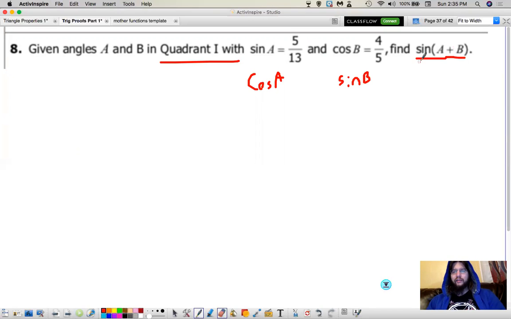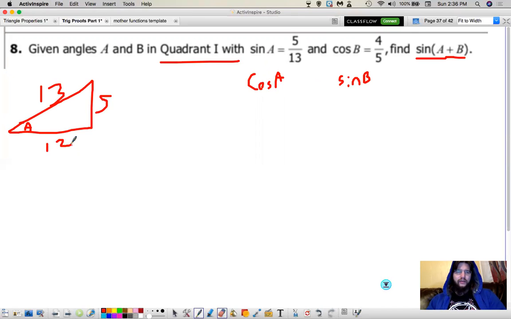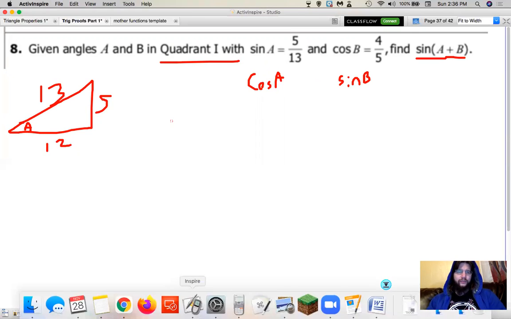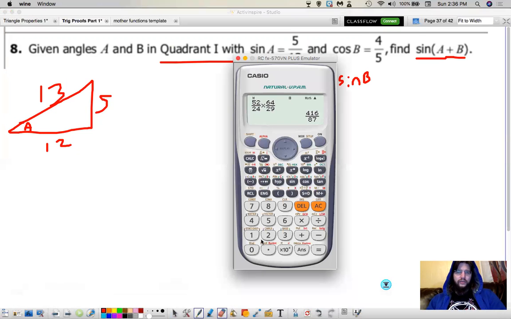So before we can add them up, we need to find out what these two values are. So quadrant 1, triangle looks like this. For A, opposite is 5, hypotenuse is 13, that's a 5, 12, 13 right triangle. Pythagorean theorem if you don't believe me.